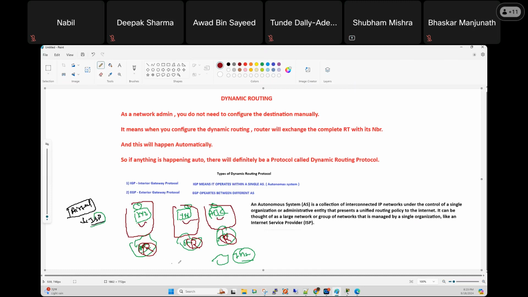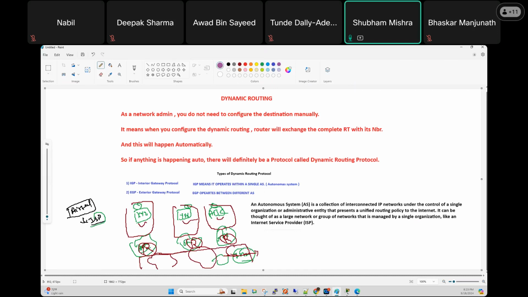Fine. And let's suppose there is the internet. So here internet, here internet. As a network admin, it is not your responsibility to manage this part of the network. I'm not talking about the case where you are working in the ISP company, then definitely you need to manage this one. But I'm telling you about the enterprise network, which is most common.